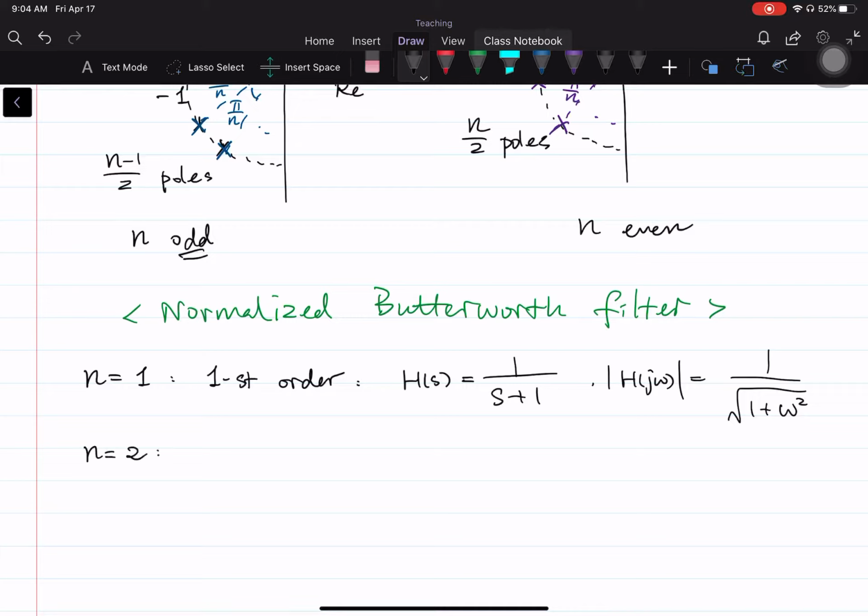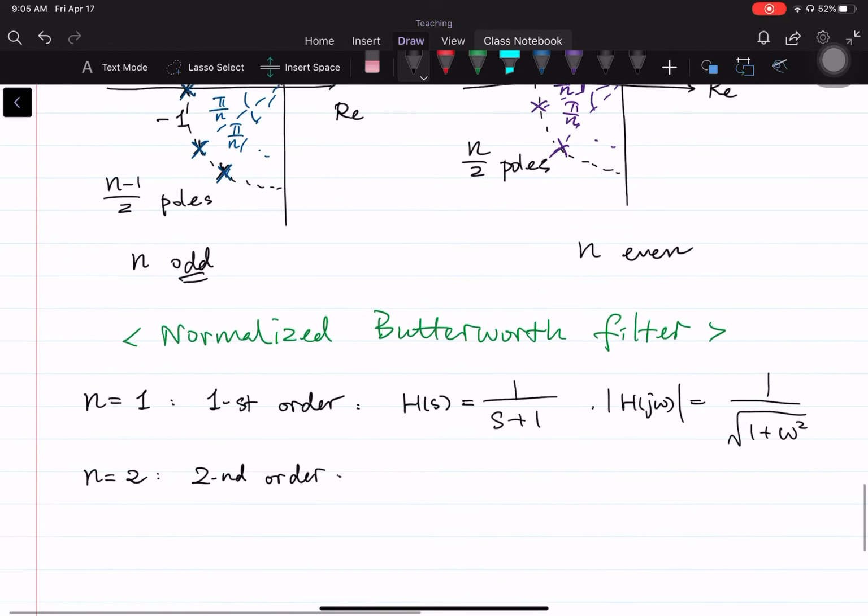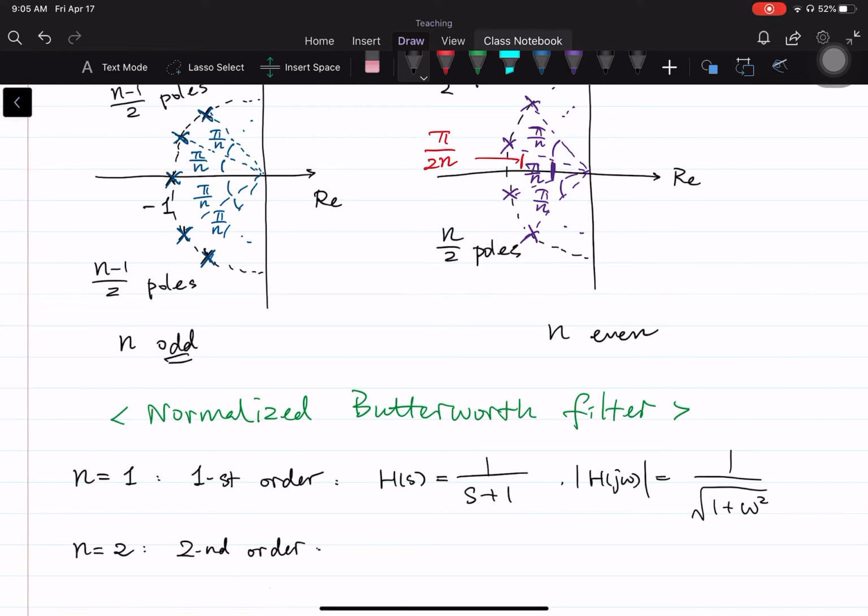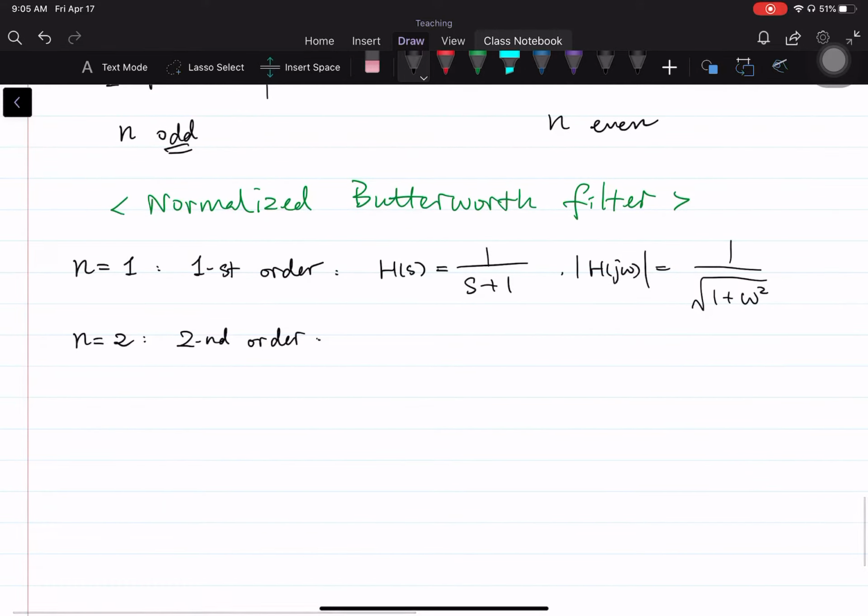Okay, let's do n equal to 2. This is called a second order Butterworth filter, and we'll look at it in the normalized version. So n equal to 2 means you have one pole above the real axis, one pole underneath, and pi divided by 2n, with n equal to 2, gives pi over 4, which is 45 degrees. So we know that the two poles are here and here, at 45 degrees.